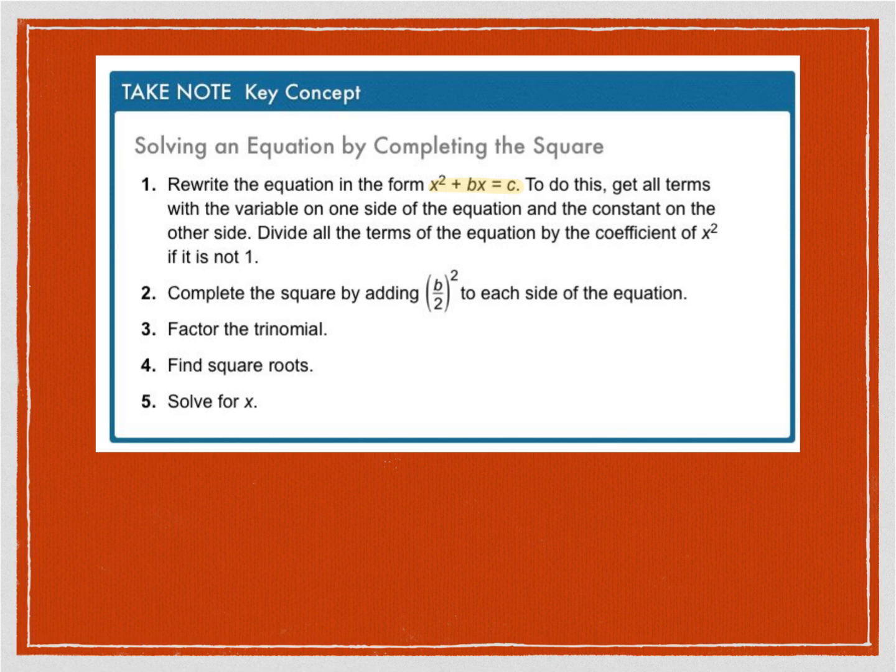So again, the second step is: is a equal to 1? That's what we have been doing. Then you complete the square by adding (b over 2) squared to each side. Then you factor the trinomial, find the square roots, and solve for x. These are the same steps I went over in the first slide, just typed out.